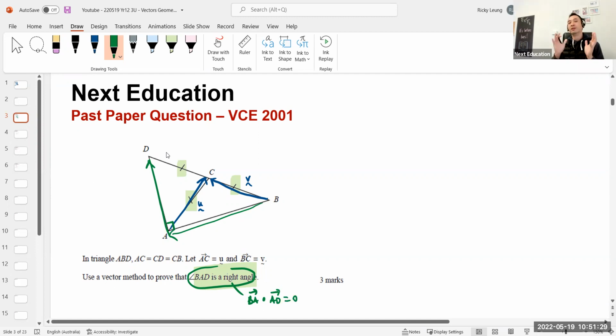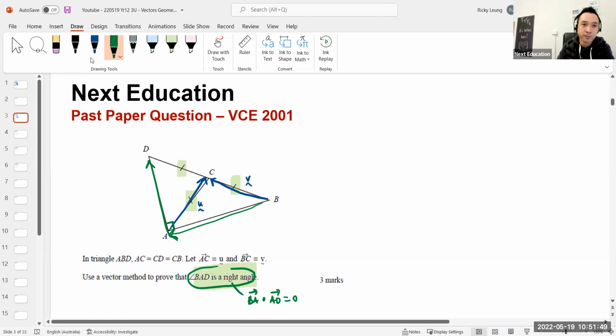That's the proof. I say to my students, whenever you see that, dot product equals 0 is the key. Then all you're trying to do is express the green vectors of BA and AD in terms of the blue. That's really what you're trying to do.